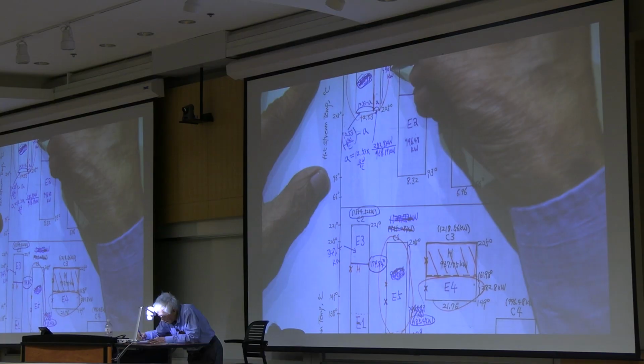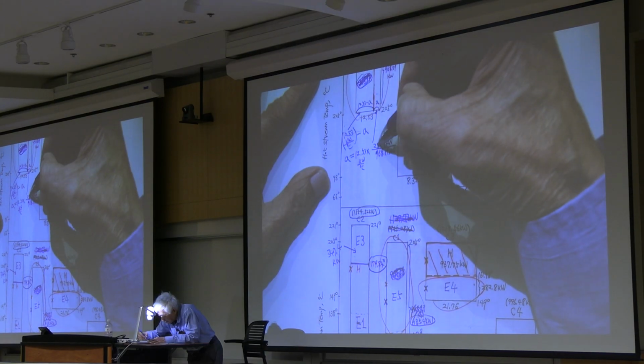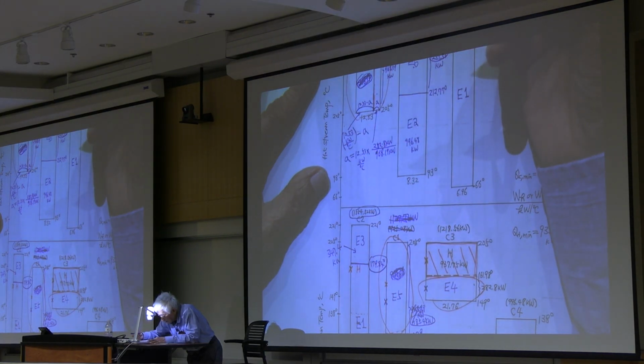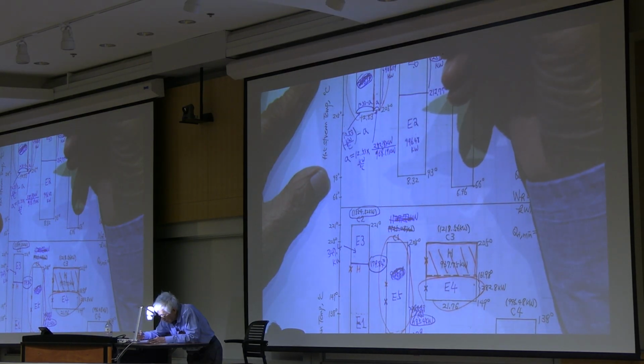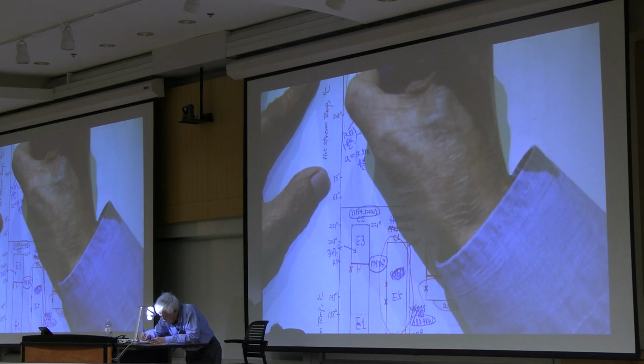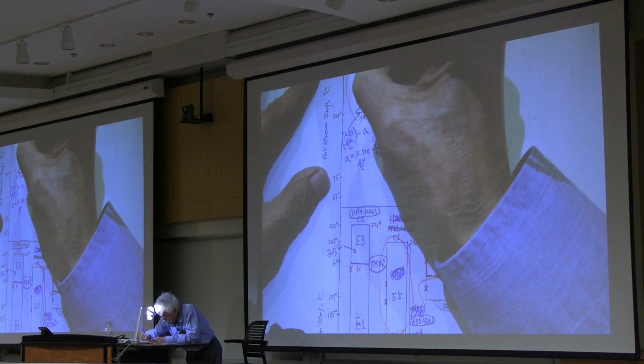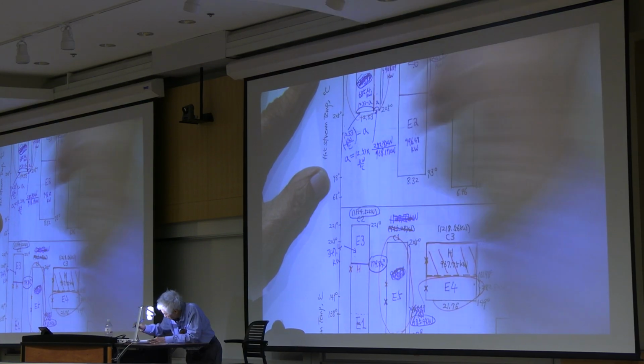Okay, 968.79 minus 282.8. The difference between the two. Yeah, that's 685.4. Good.